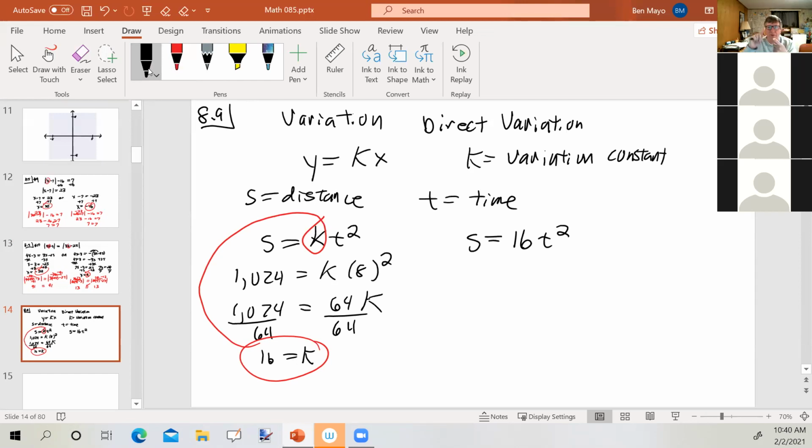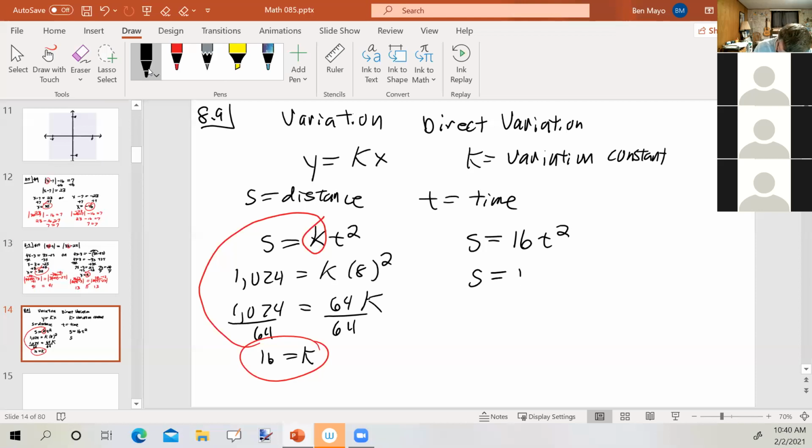So I determined it was direct variation from reading it. I identified the variables. I plugged in some numbers to determine what k was. I put that value in for k. Now, there's a follow-up question. It says, if an object falls 1,024 feet in 8 seconds, how far will it fall in 10 seconds?